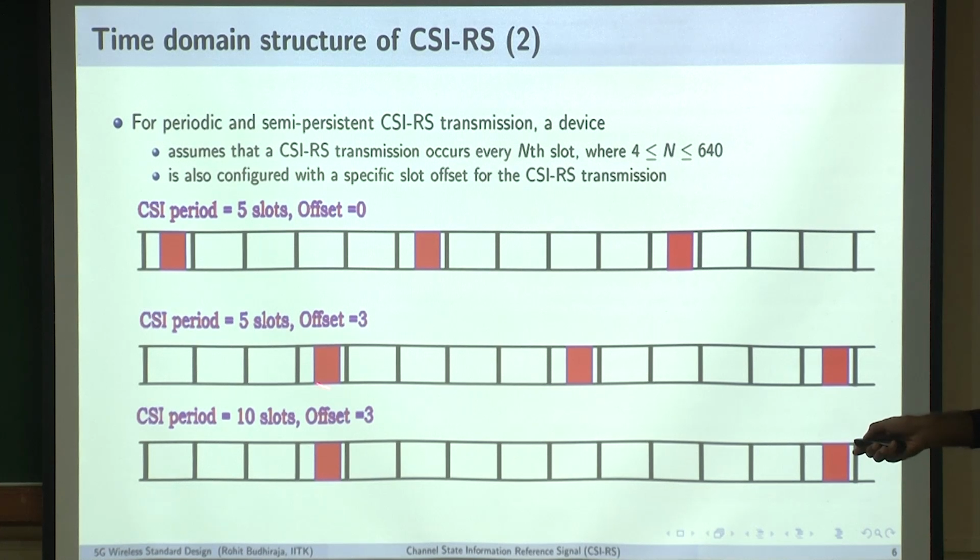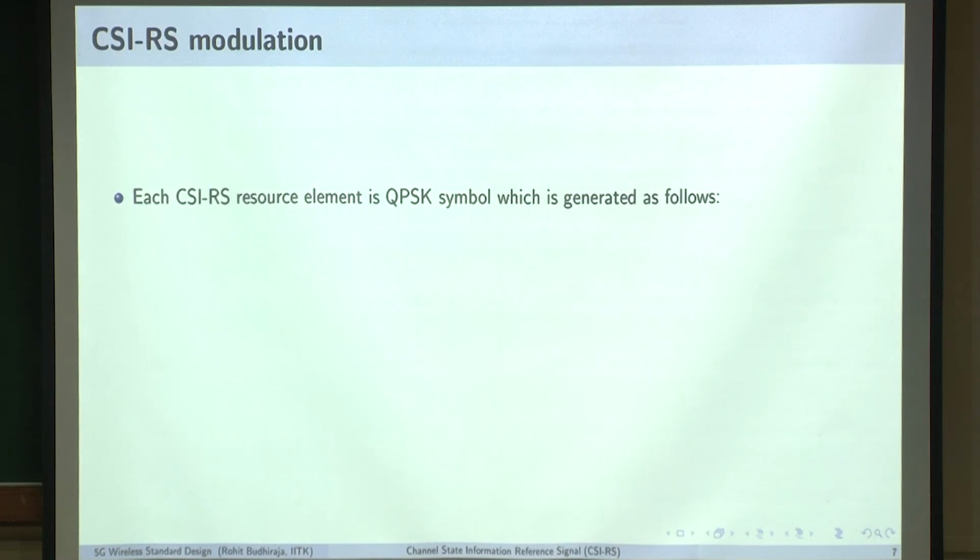What about this? Here again the period is 5 slots, but you configured it with an offset of 3. So this is the same period but different offset. Here the same offset but different periods: the period is 10 slots, but you are configuring it with an offset of 3. So that is the configuration of CSI-RS.